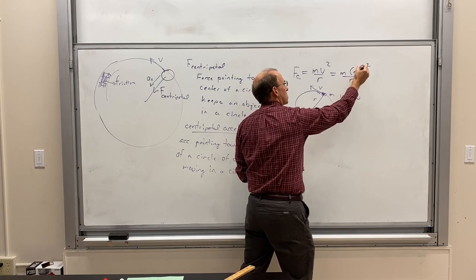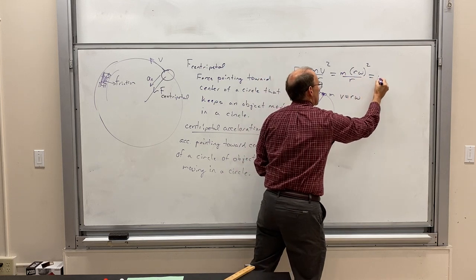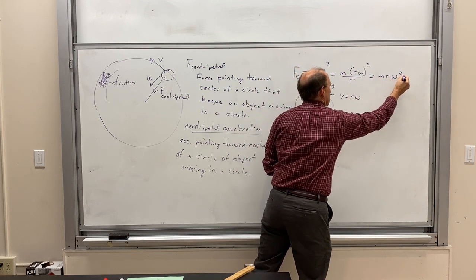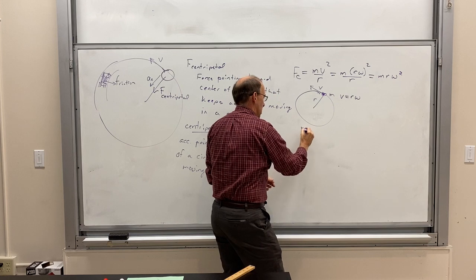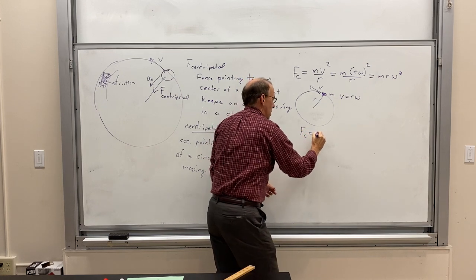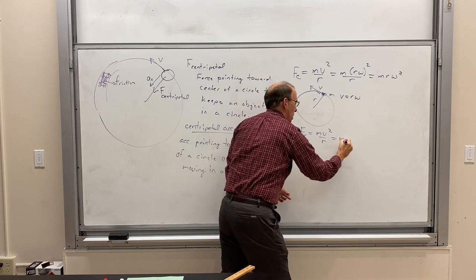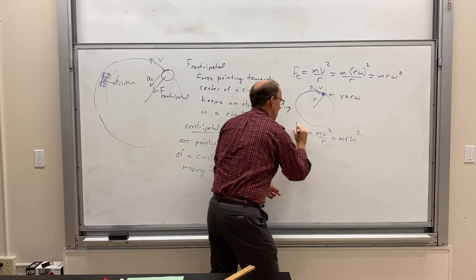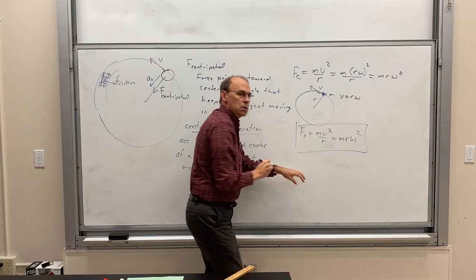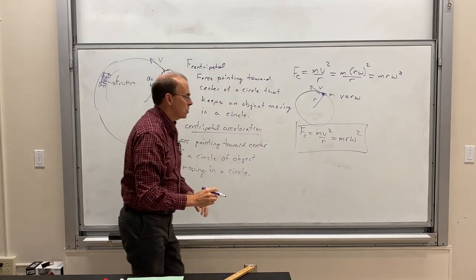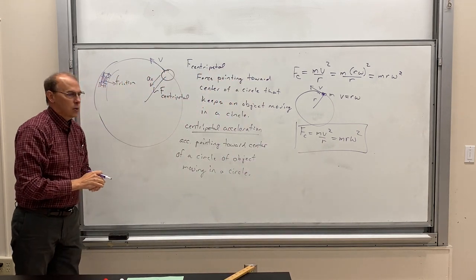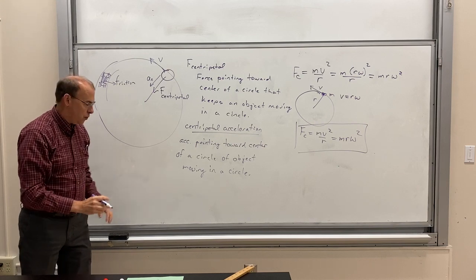One of these r's, we cancel, and so this would be m r omega squared. So you need to memorize that F centripetal is m v squared over r, or m r omega squared. You should know both of those, so memorize those. We're going to use those and need to know those. Those are our relations for centripetal force.